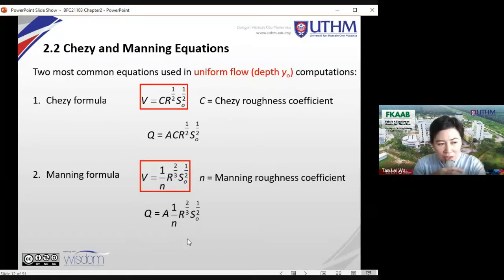It could be the Chezy or Manning roughness coefficient, or I could give you the data for all the other variables except the depth of flow. If I didn't give you the depth of flow, that means you cannot find the flow area as well as the hydraulic radius. So these are combinations of questions where I could ask you from these two formulas.